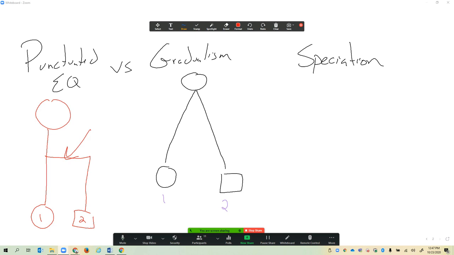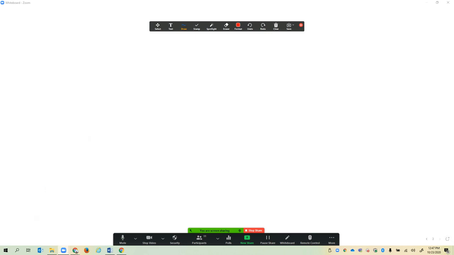Could I also see how gradualism can create two different species? Absolutely. Small incremental changes, maybe a slow lengthening of a beak or a neck, that over time create a different organism. So I could see both. I don't really have one preference over the other as far as my predominant theory on evolution.